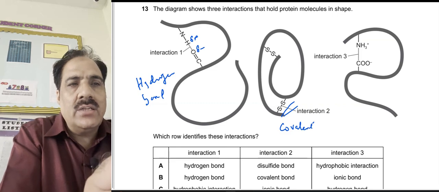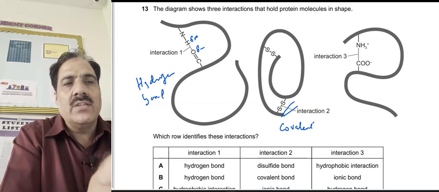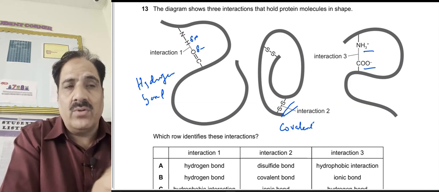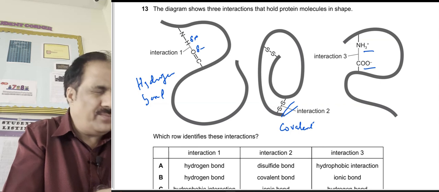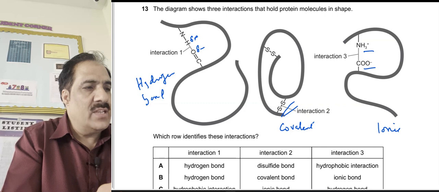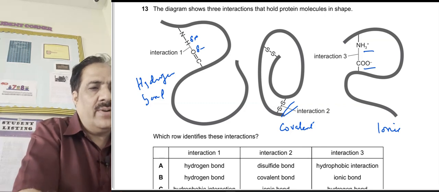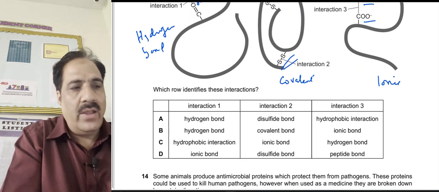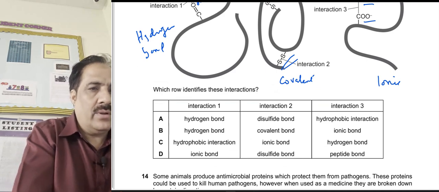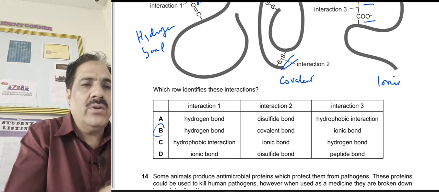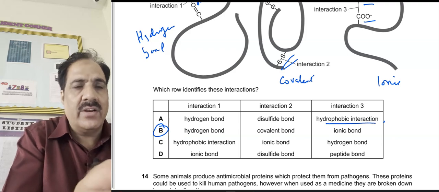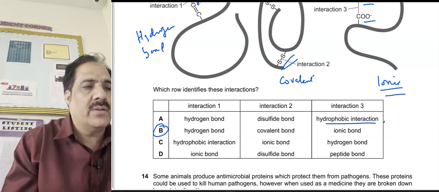And then there is NH3 and COO, one is positive and other is negative. The interaction between the oppositely charged molecules, where one is fully positive and the other negative, that is what we call the ionic bond. So interaction 1 is hydrogen, 2 is covalent or disulfide, and 3 is the ionic. Hydrogen, covalent and ionic. So we cannot select A because it shows hydrophobic interaction, and interaction 3 is not a hydrophobic interaction.